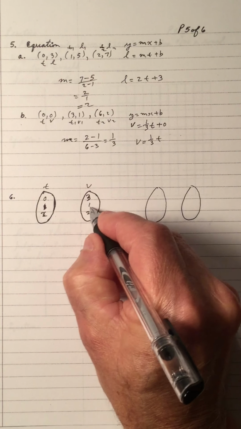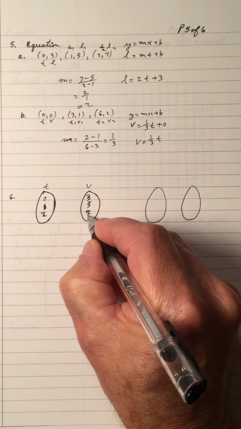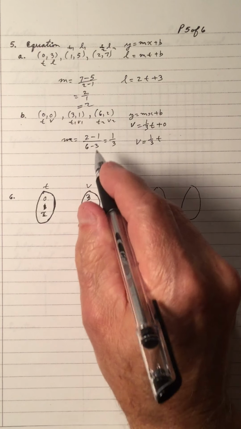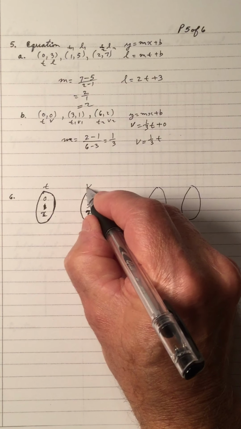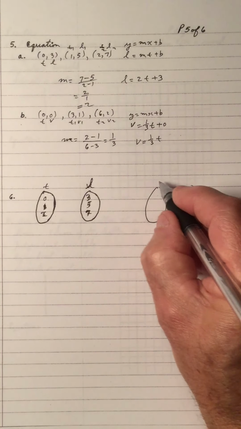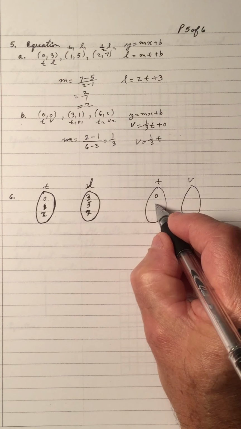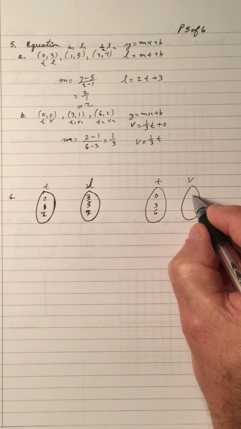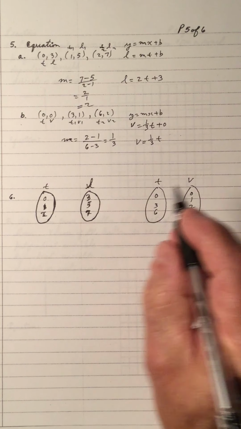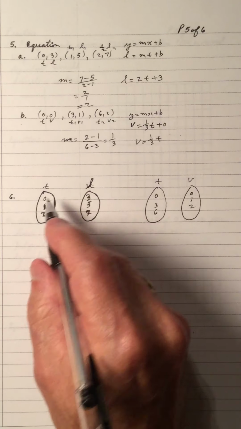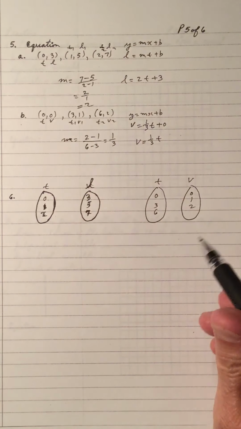That's a 3, a 5, and a 7, because that's my L and T. And this is T and V, so this is 0, 3, 6, which gives me 0, 1, 2. Sorry about that, I didn't put the second diagram, I was going on with the one I just did.